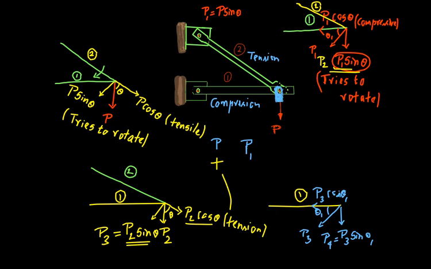Then P1 is transmitted to the other member and produces either tension or compression, and the one that tries to rotate, you call P2, and the next one that tries to rotate is P3. So every time you resolve the forces, one of the forces is trying to rotate one of the members, and that rotation is prevented by the other member. The rotation of member 1 is prevented by member 2, and the rotation of member 2 is prevented by member 1. So you keep resolving the forces.